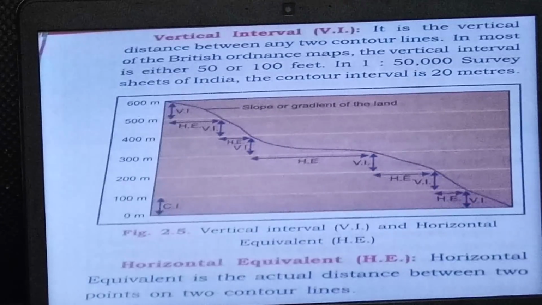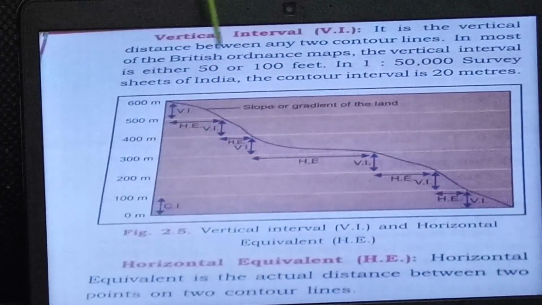Therefore, the slope here will be not very steep, not very gentle. So the gradient is quite okay and it is climbable. Then we come to 400 meters height, where HE becomes very small and therefore there is a sharp bend, and here we can say that the slope is steep.